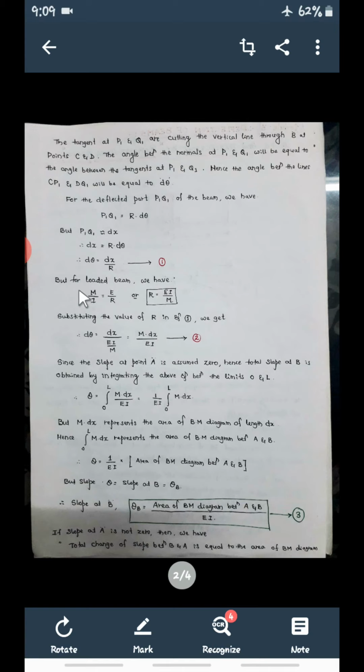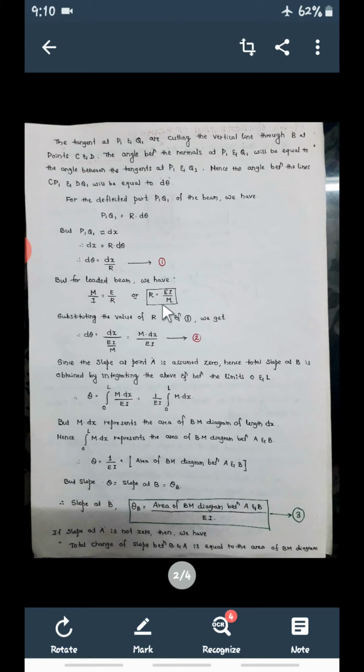So from this, R is equal to EI divided by M.